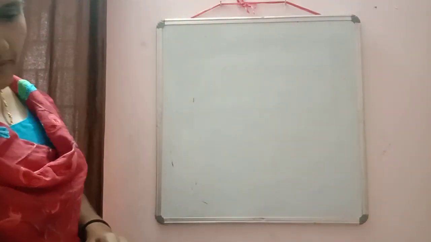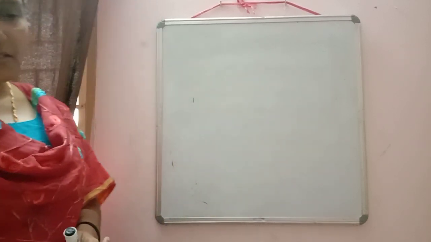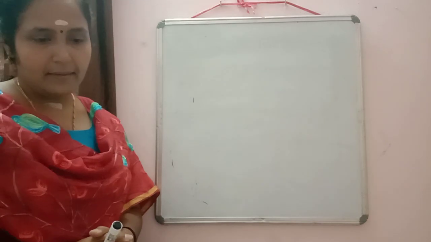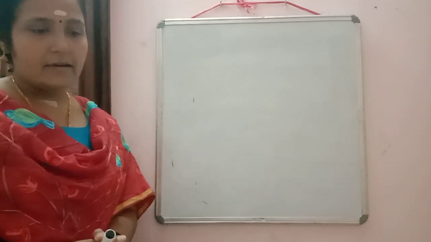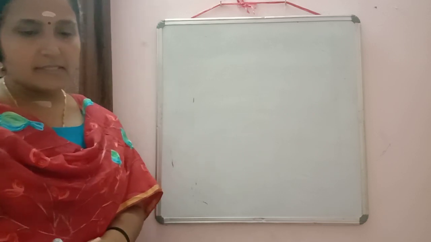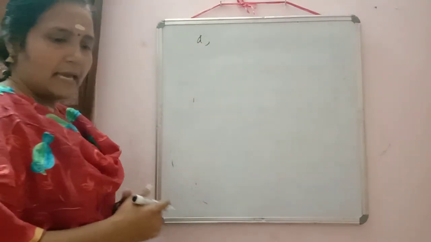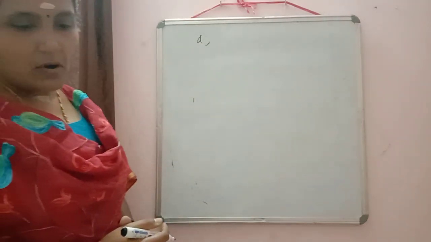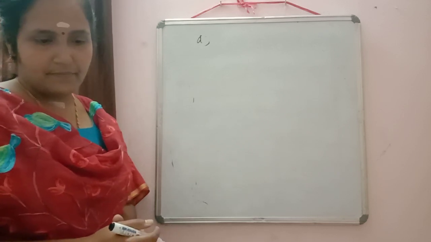Now write the next one. Next question is, write first 4 terms of the AP. Please write down the question. Write first 4 terms of the AP when the first term A and the common difference D are given as follows.